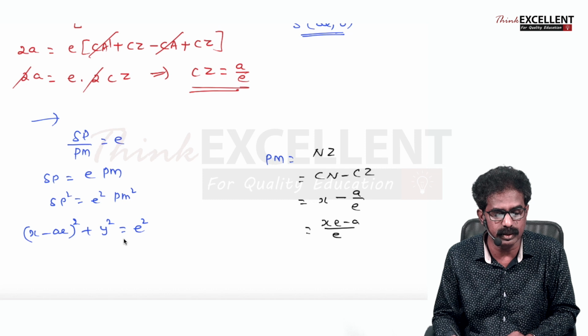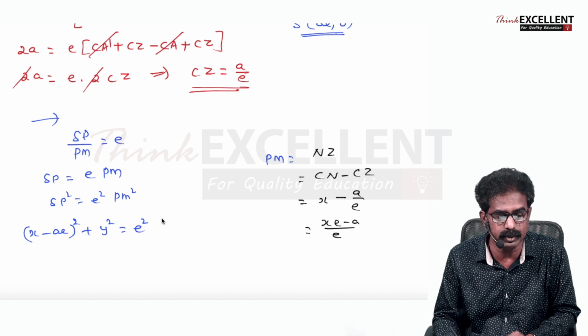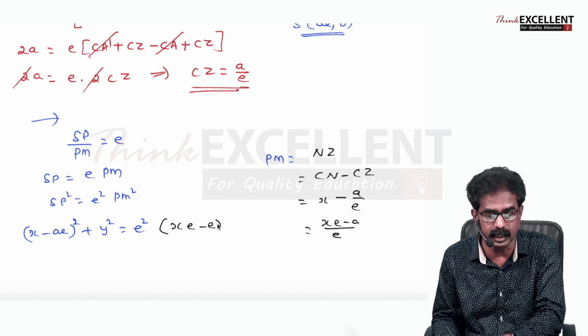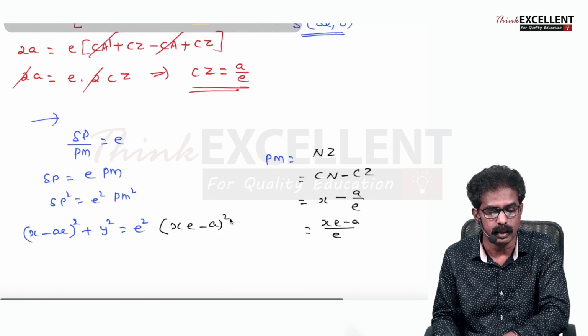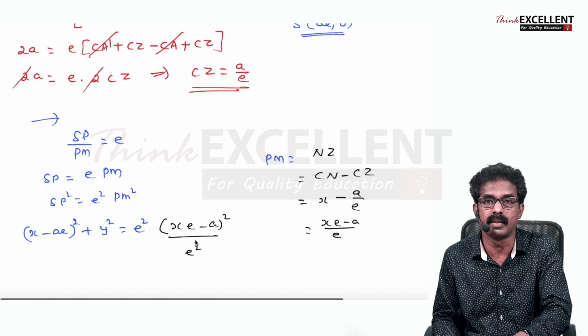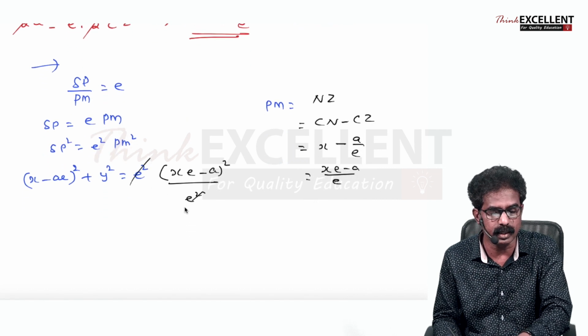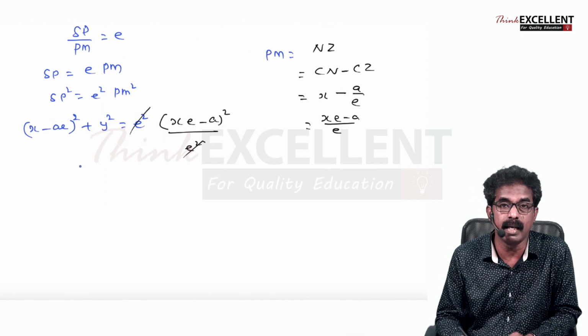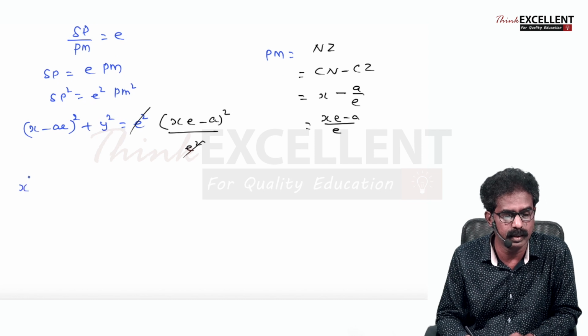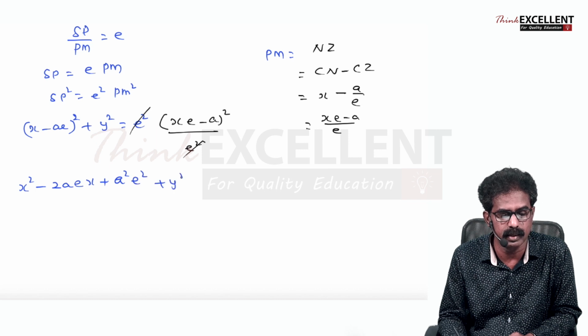So this is the PM value, substitute here in E square into PM square. PM square means numerator squared, XE minus A the whole square, divided by denominator squared, E square. So you can cancel this E square. Now just expand it: A minus B the whole square, A square minus 2AEX plus E square X square plus Y square.